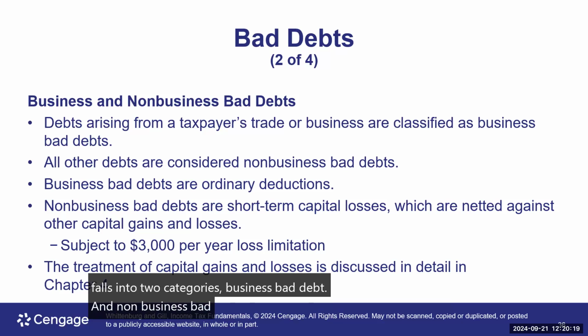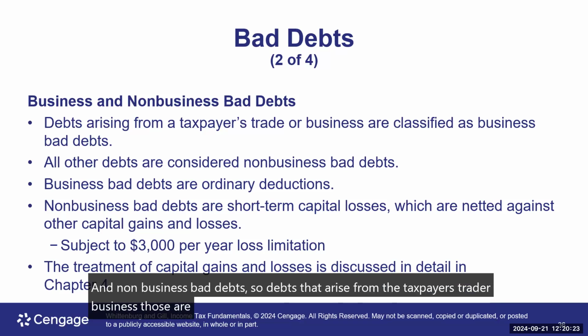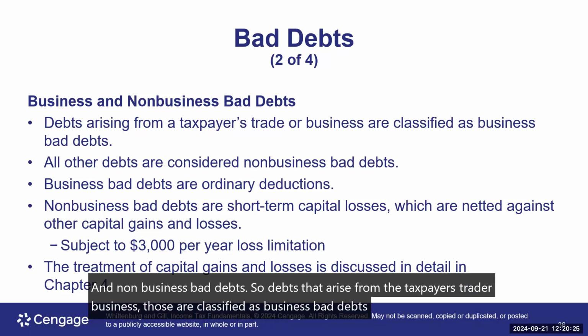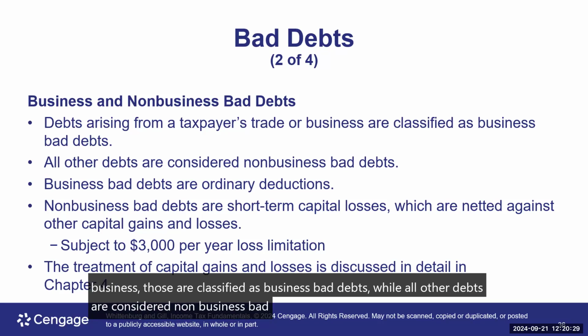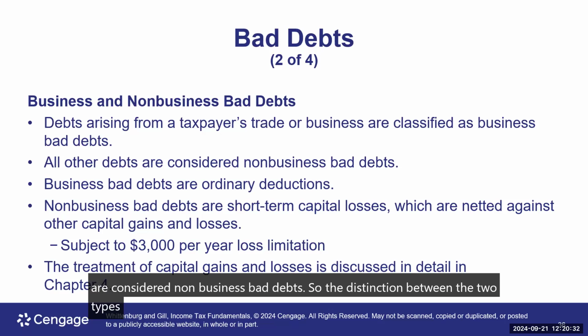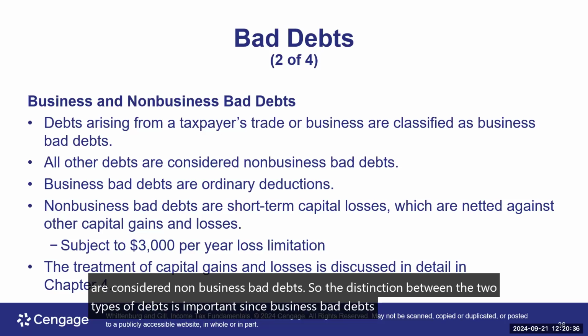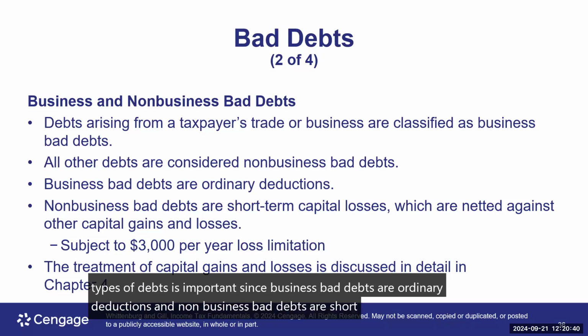Debts that arise from the taxpayer's trade or business are classified as business bad debts, while all other debts are considered non-business bad debts. The distinction between the two types of debts is important, since business bad debts are ordinary deductions and non-business bad debts are short-term capital losses.